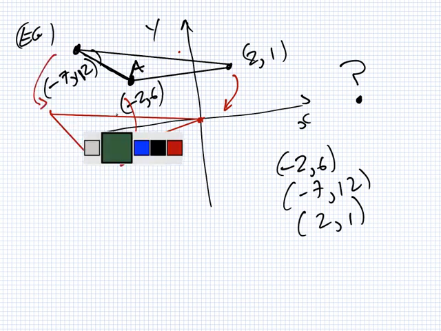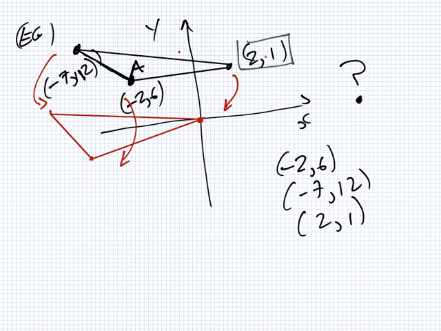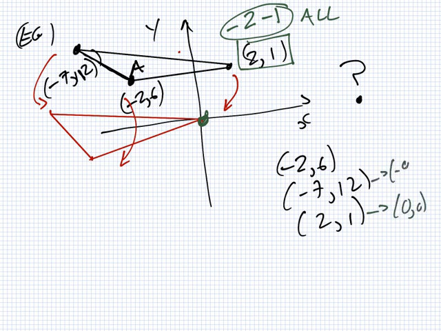So how to move them? Well, if you take this point, what would you have to do to make it become 0, 0? You would have to subtract 2 and subtract 1. So you do that to all the points, and this one will become 0, 0. This one will become -9, -13, and this one will become -4 and 5.